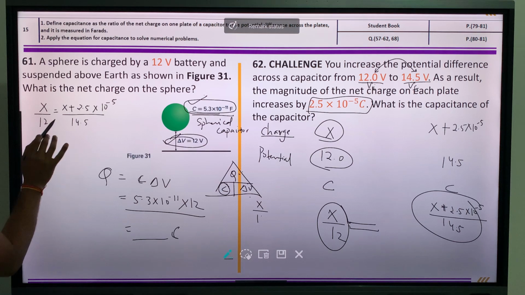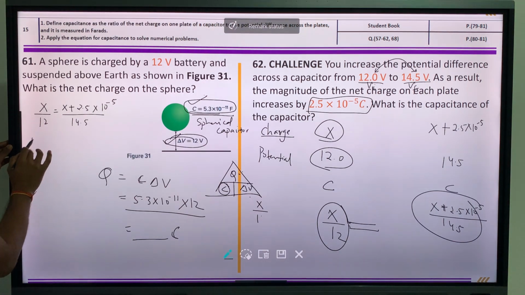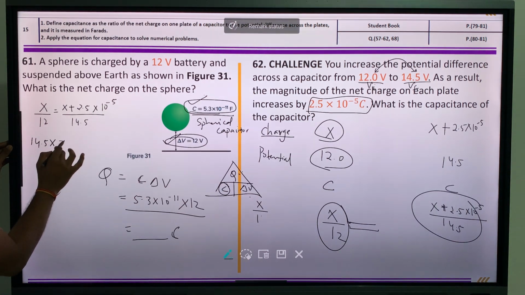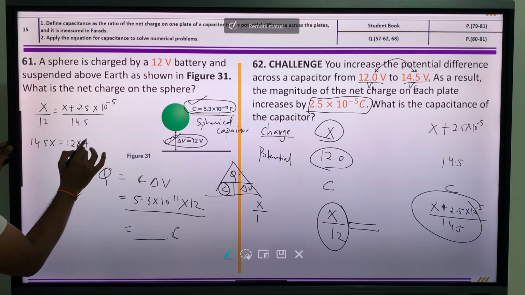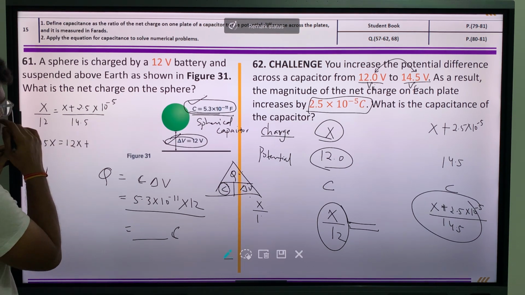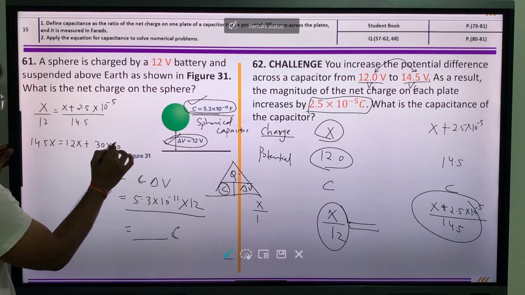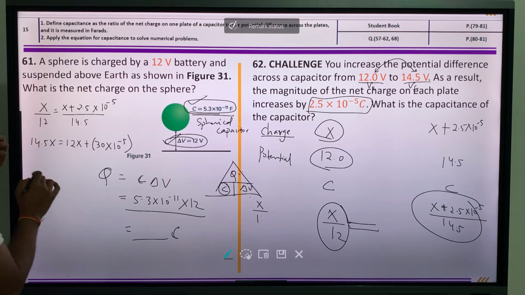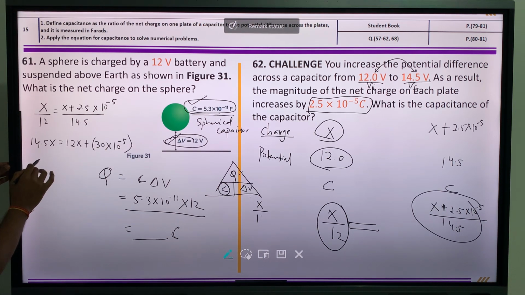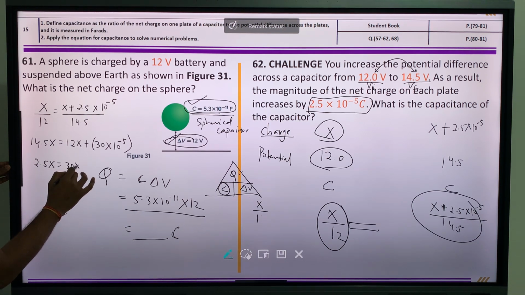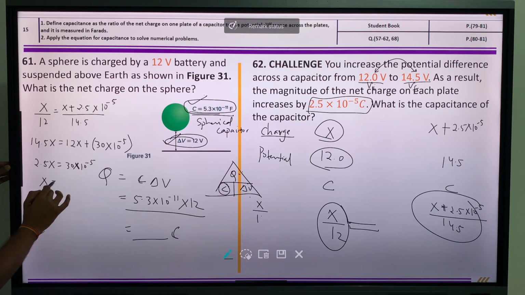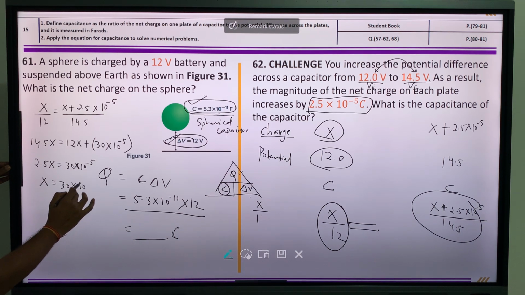If you don't want to use a calculator, manually you simply multiply: 14.5X equals 12X plus 12 times 2.5, which would come out to be 30 times 10 to the power minus 5. 14.5X minus 12X will come out to be 2.5X, equals 30 times 10 to the power minus 5. And X will come out to be 30 times 10 to the power minus 5 over 2.5.